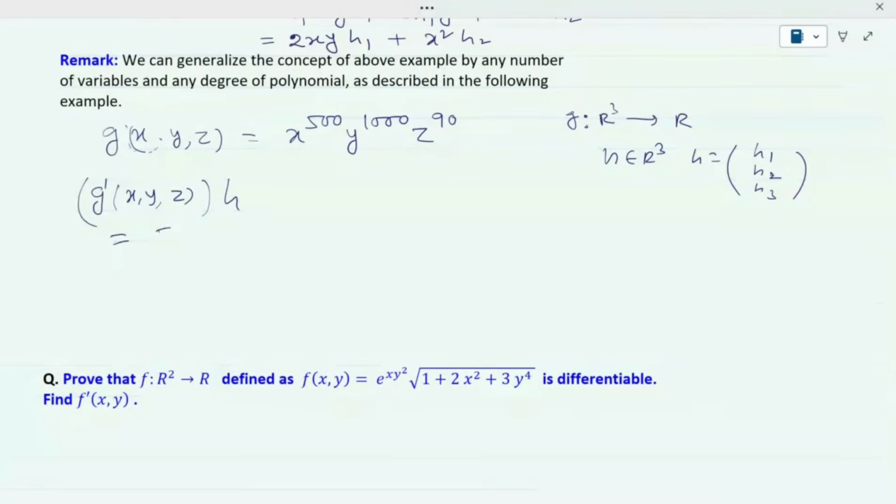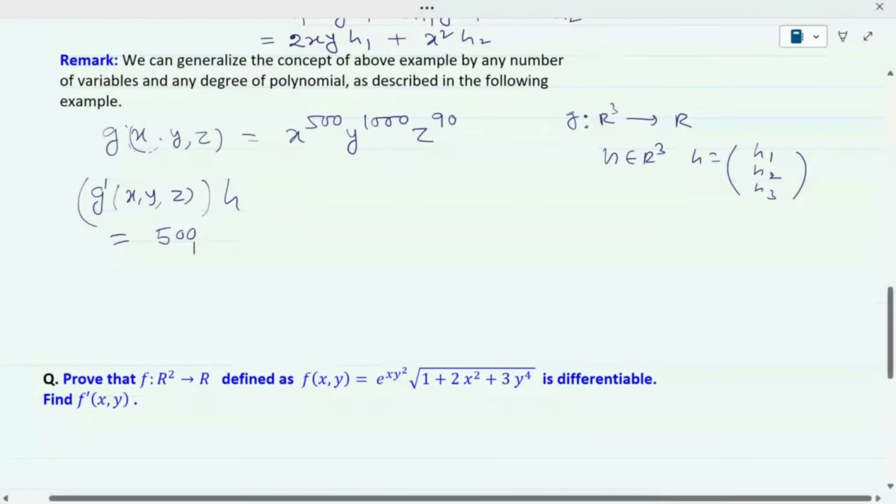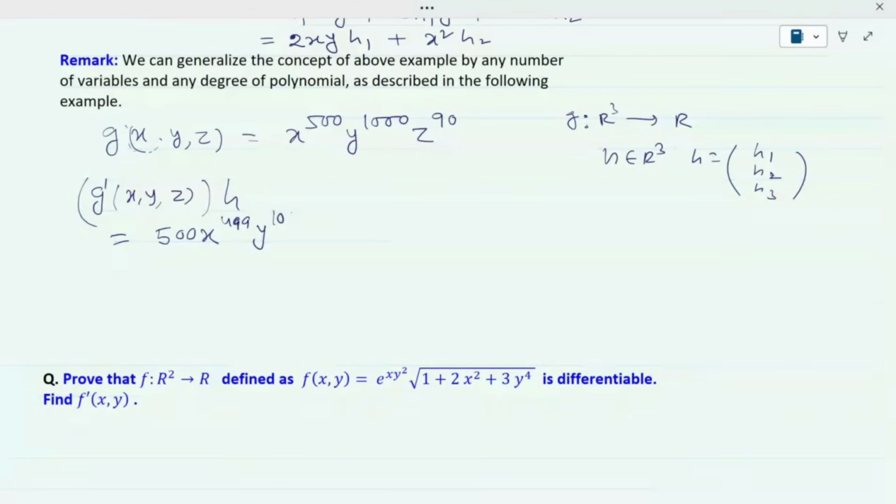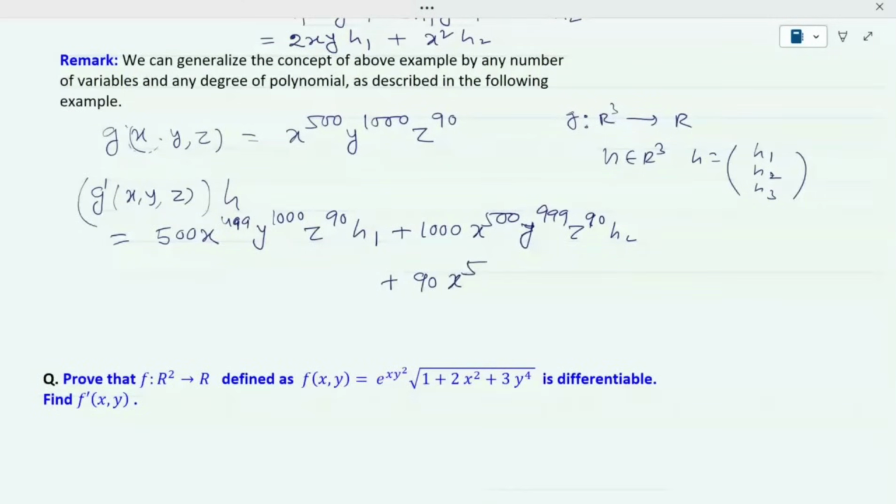So therefore this derivative will be 500 x to the power 499, remaining will be as it is, z to the power 90 h1, plus 1000 x to the power 500 y to the power 999 and z to the power 90 h2, plus the last one is 90 x to the power 500 y to the power 1000 z to the power 89 h3. So we can generalize the whole idea in this.